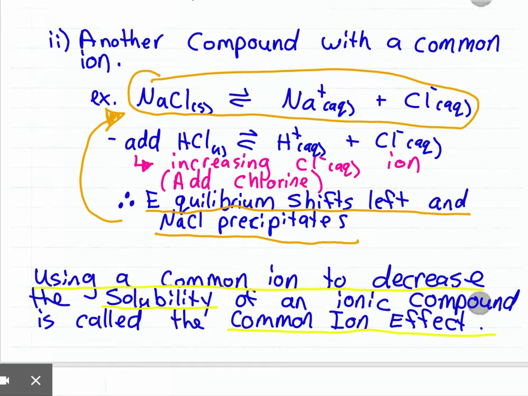So now all we're doing is combining something we know about Le Chatelier's principle and how to calculate concentrations at equilibrium. So two things you already know how to do. We're just combining them together. Here's our example.